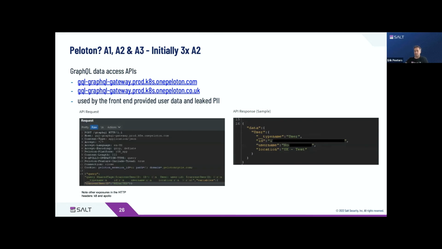Note that there are also some other exposures here. Based on the name, you see that the application is using Kubernetes, and you also see that they're using Apollo, which can be read from the headers, and could help attackers in finding vulnerabilities for certain Kubernetes deployments or the Apollo software.